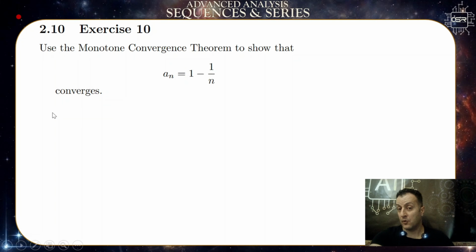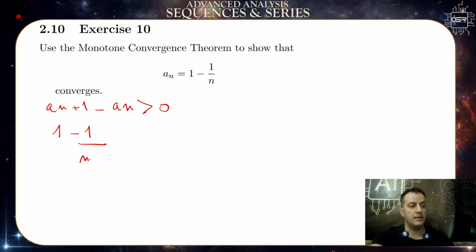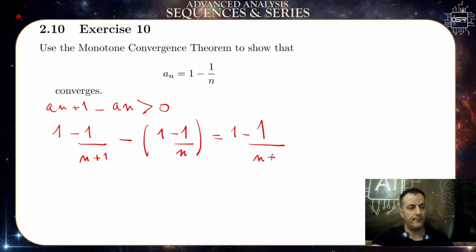At first, for a(n) to be monotonically increasing, a(n+1) minus a(n) should be greater than 0. Let's check it out. So a(n+1) is simply obtained by replacing n by n plus 1. So 1 minus 1 over (n+1) minus a(n), which is 1 minus 1 over n, is equal to 1 minus 1 over (n+1) minus 1 plus 1 over n.